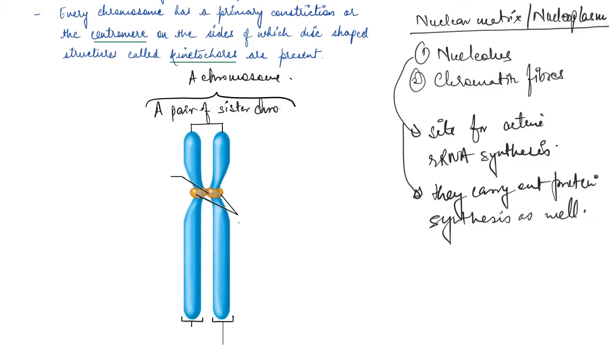Here, this center is the centromere. There is a constriction which is the centromere, and these two structures that you see are kinetochore. So basically, this is one chromatid, and this is one chromatid, right?